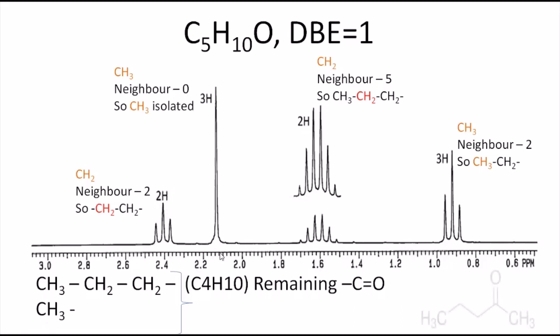Therefore the formula would be like this: CH3 CH2 CH2 CO CH3, where this CH2 is connected to a carbonyl, and this isolated CH3 is connected to the carbonyl. There are no adjacent hydrogens to this CH3 group, therefore it gives a singlet, right?